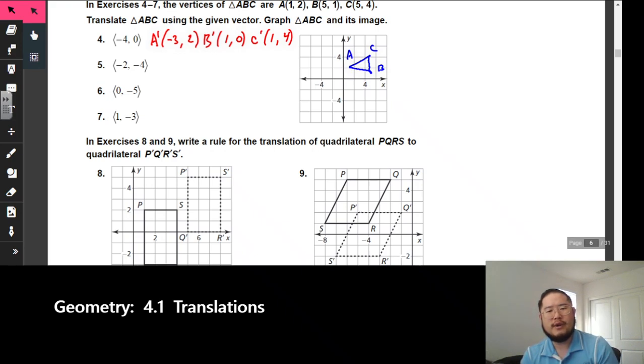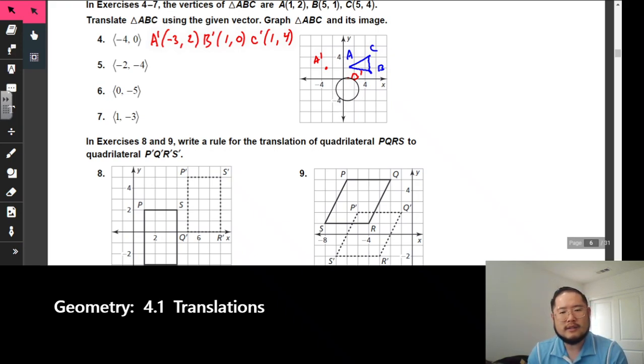Let's go -3, 2. Got A prime. Then I have B prime. Sorry, it's at 1, 1, right?